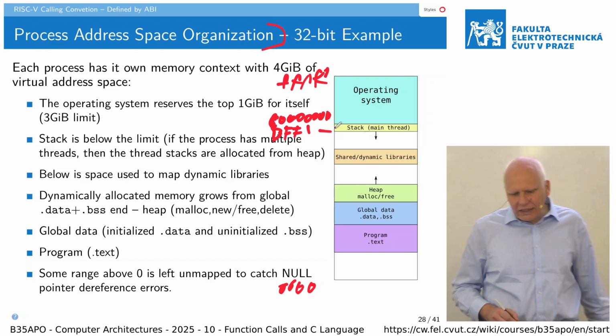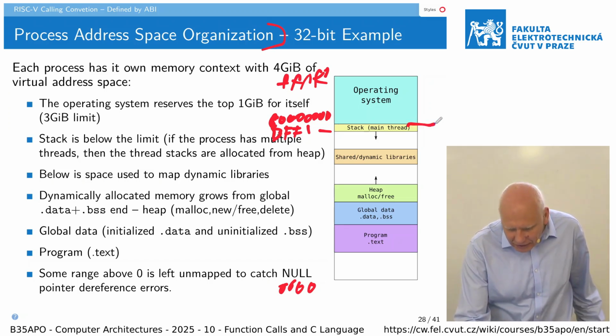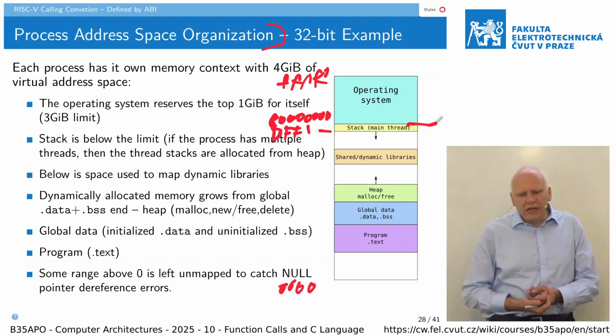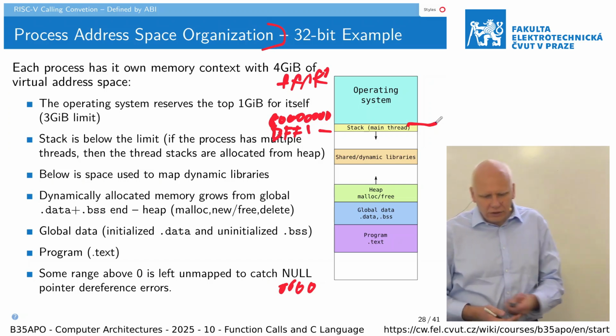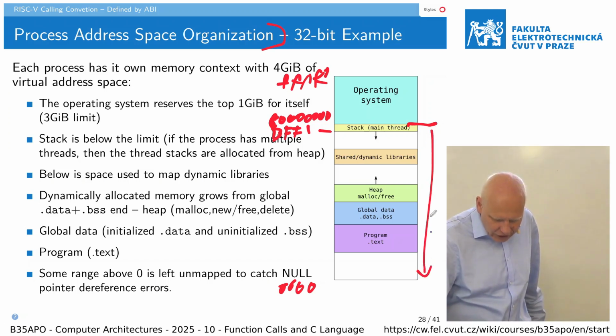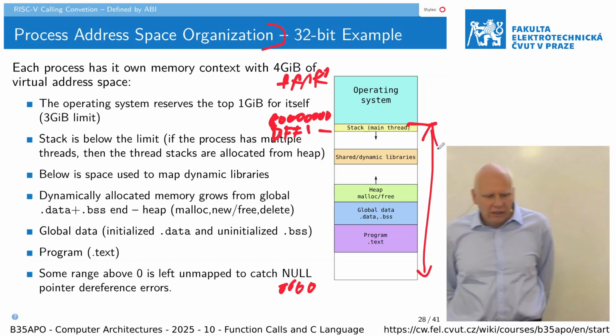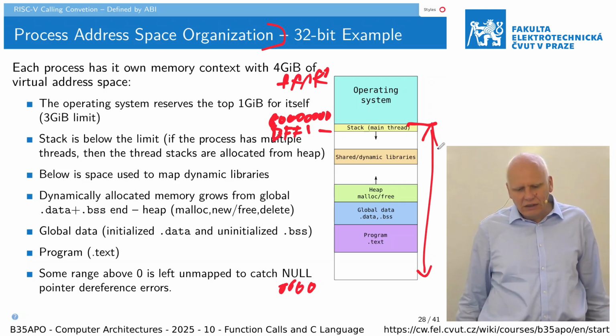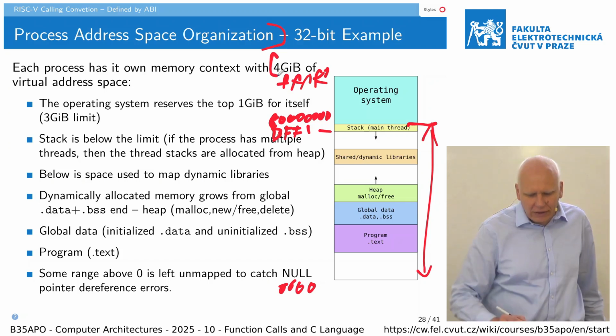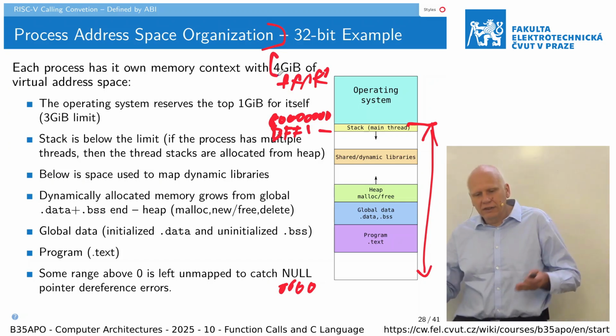So basically, this is the typical limit of the address space of the user task, which has its own separate virtual address space, 4 gigabytes for a given task.